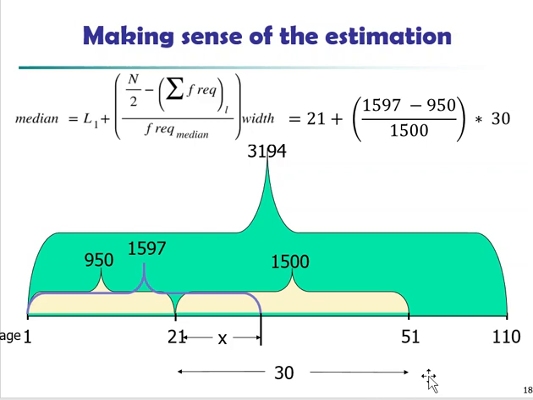This is how we can use this formula to find x, and adding the age difference to the starting value of the group holding the median gives us the median age we are looking for.